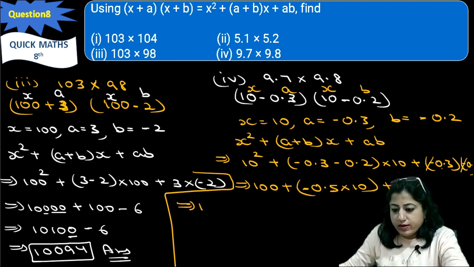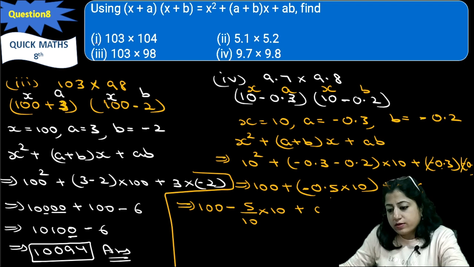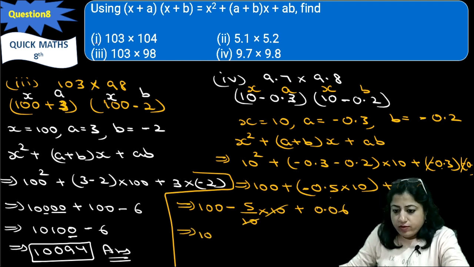So the answer will be 100. It is negative, so the answer is negative. Negative is 5 by 10. It can be written as 5 by 10 into 10 plus 0.06. 10 will be cancelled out. It will be 100 plus 0.06 minus 5.